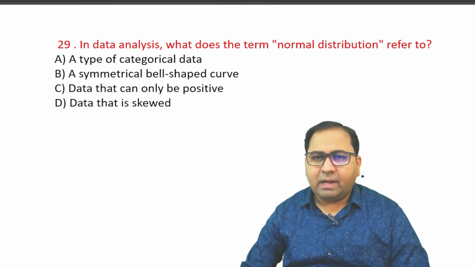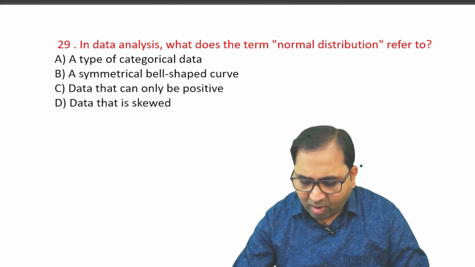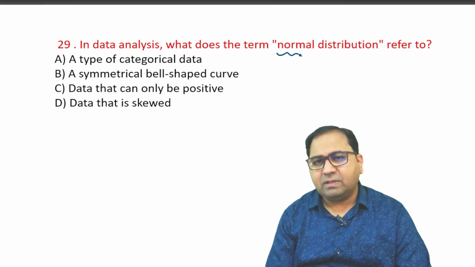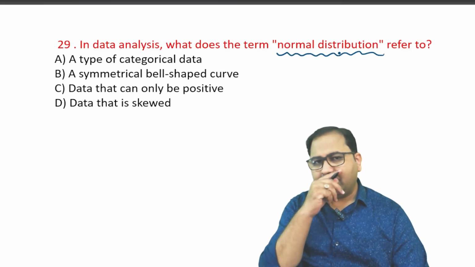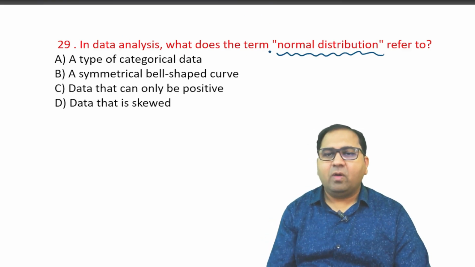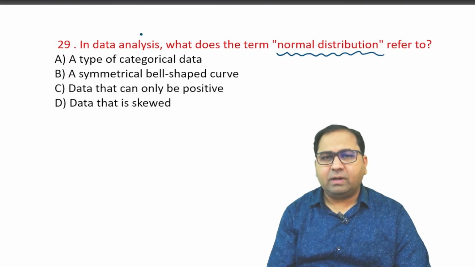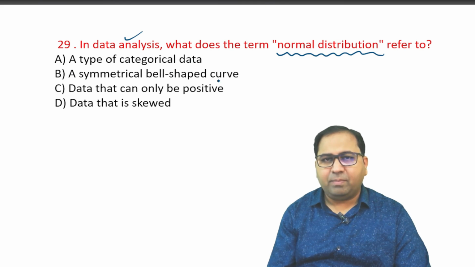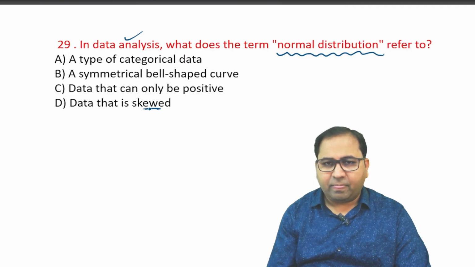Next question. In data analysis, what does the term normal distribution refer to? It is a very simple and basic question. In our SPM also we have read this. Options are A, a type of categorical data, B, a symmetrical bell-shaped curve, C, data that can only be positive, or D, data that is skewed.